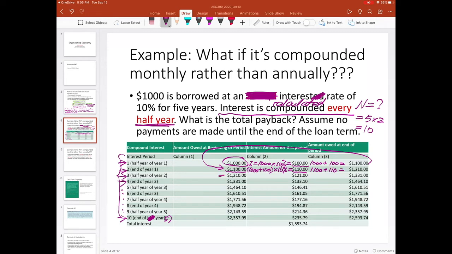Okay, and then you copy this number to the beginning of the third period. And then for the third period, how do you calculate the interest? That will be the initial amount you borrow plus you got two interests in the previous periods, right? You got 100 in the first period, you got 110 in the second period, and that's your new base.